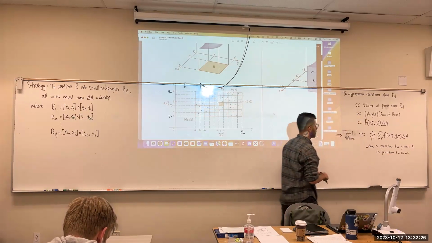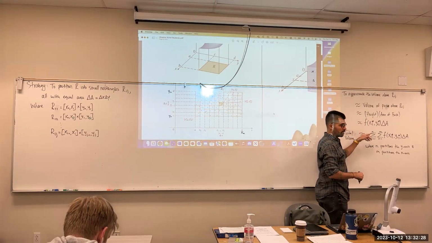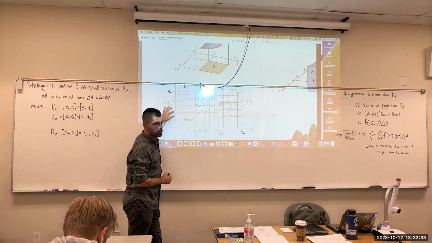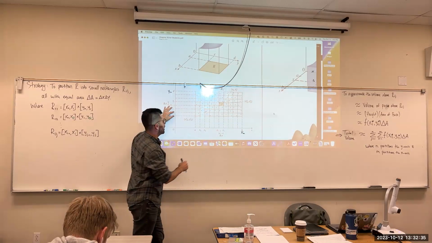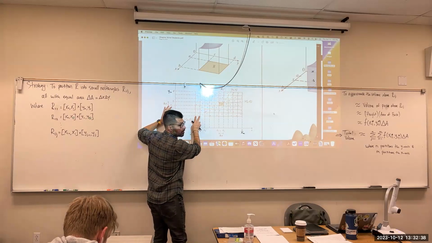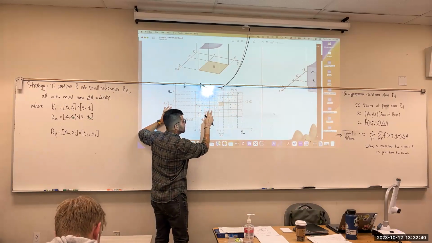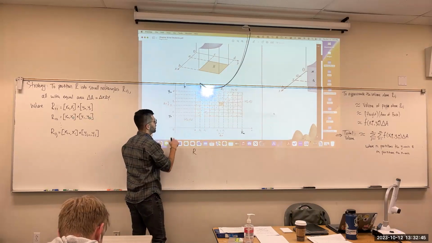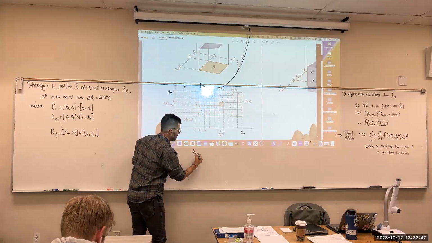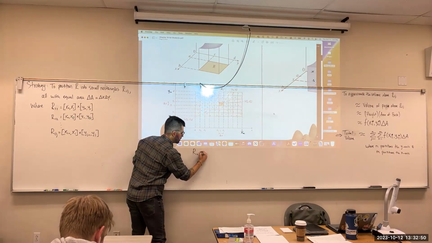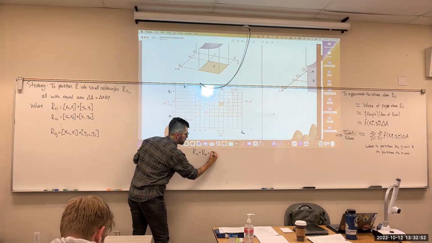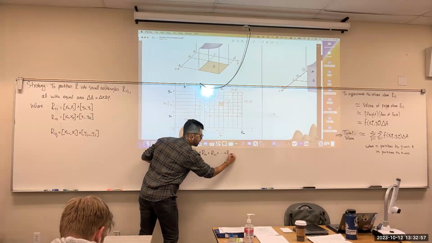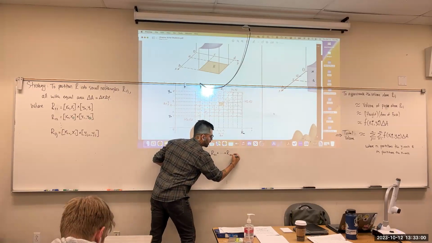So for example, when j is 1, right? When j is 1, you're at this interval. And so then you're going to vary i so that you do the sum of this rectangle plus this rectangle plus this rectangle. So it would look something like this. You're going to fix j to be 1. So it would look like this: r_11 plus r_21 plus r_31 plus dot, dot, dot, all the way to r_m1.